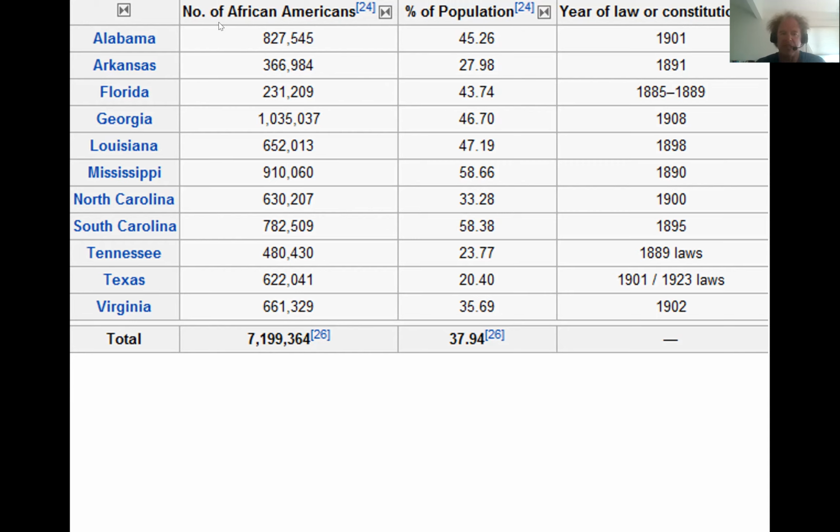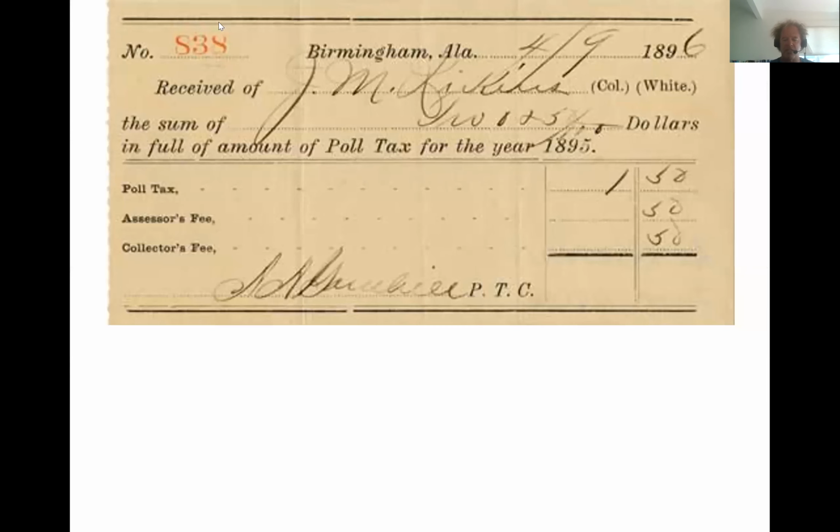So states have to get creative. And secondly, because of that constitutional prohibition, perversely, there's a need for states to ensure that they at least have some Blacks who are registered as a result of things like the poll tax here.